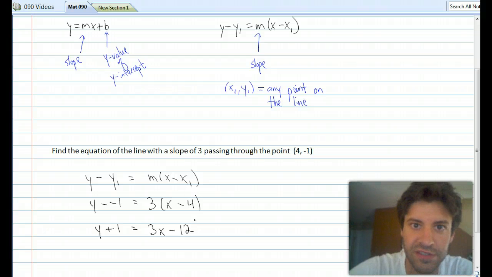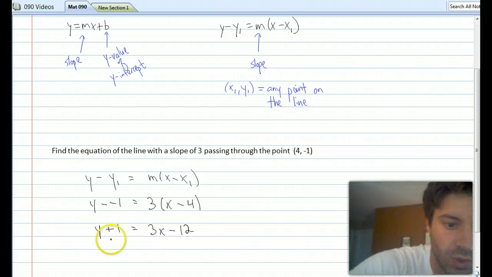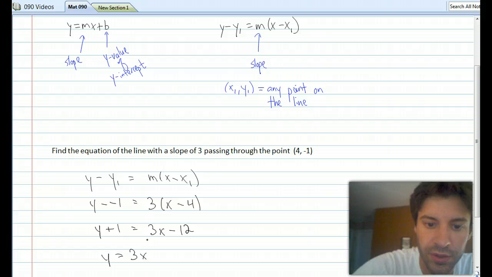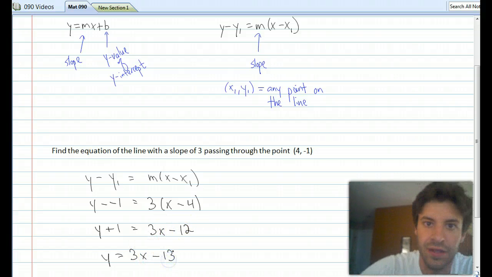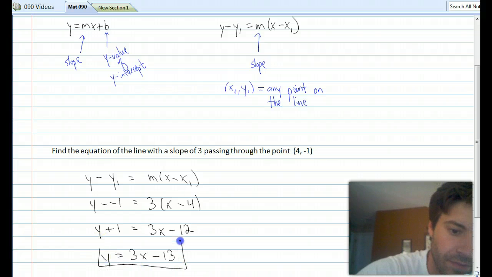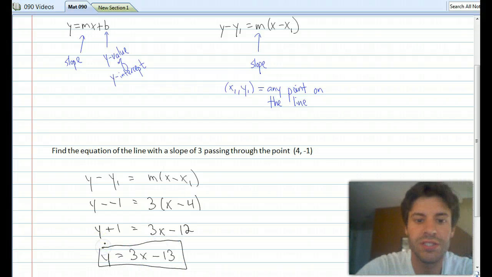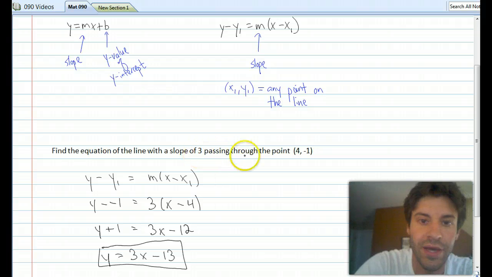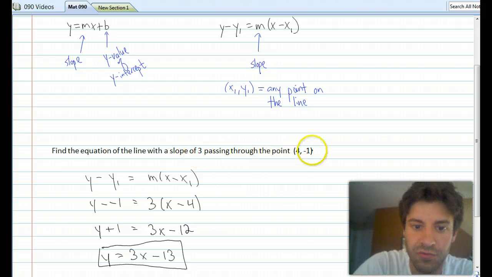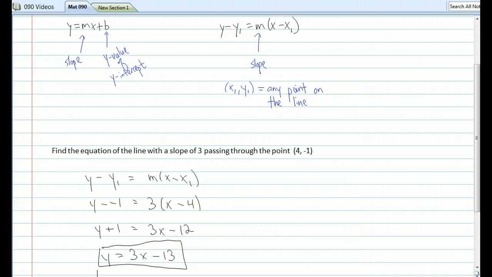And getting y by itself means just subtracting 1 from both sides of the equation. So we have y equals 3x, and if we subtract 1 more from -12, we get -13. And that's the answer. The equation of the line with the slope of 3 passing through the point (4, -1) is y equals 3x minus 13.